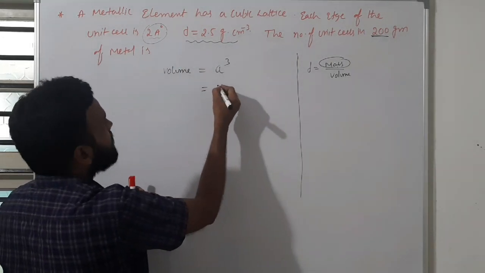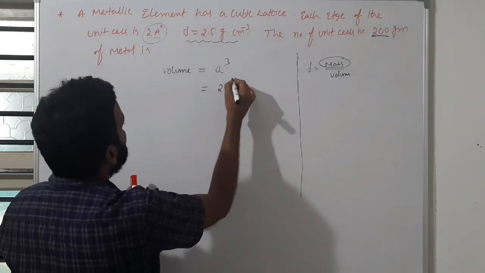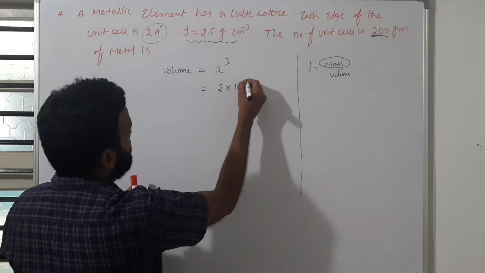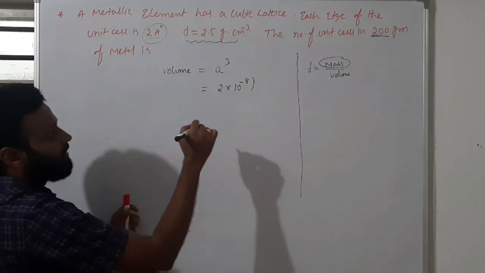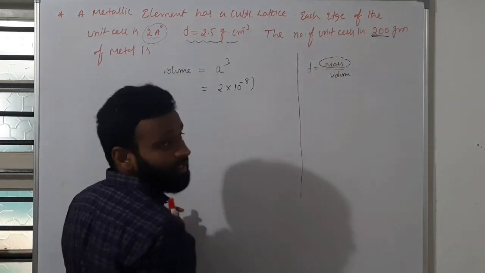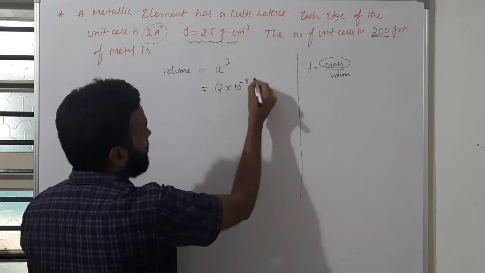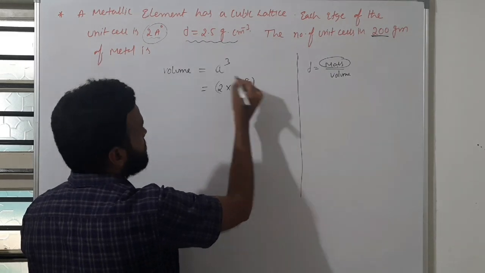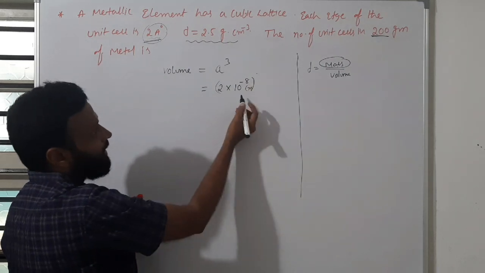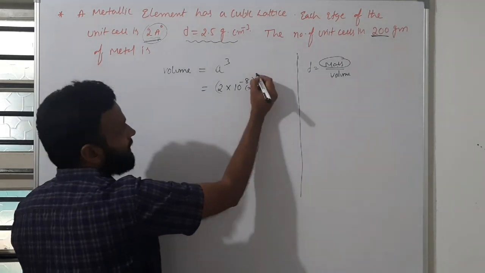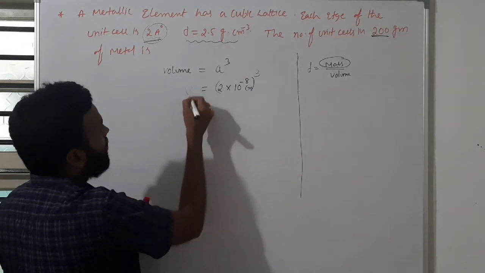So this is 2 angstrom, 2 into 10 power minus 8. Angstrom is given; I am converting into centimeter because density is given in centimeters. 1 angstrom is 10 power minus 8 centimeter, whole power 3. So you have volume.